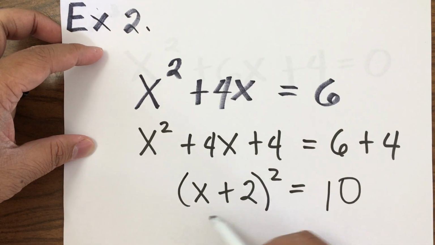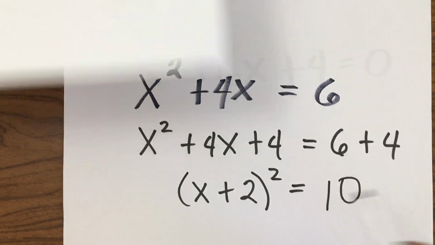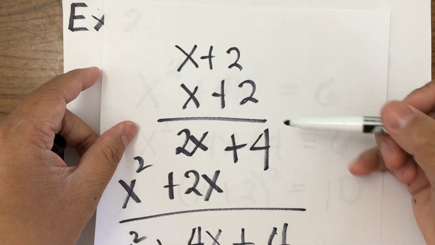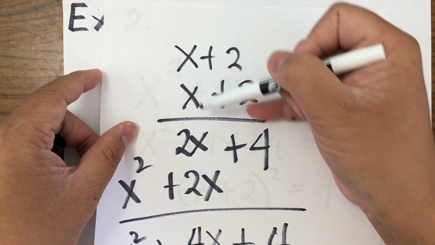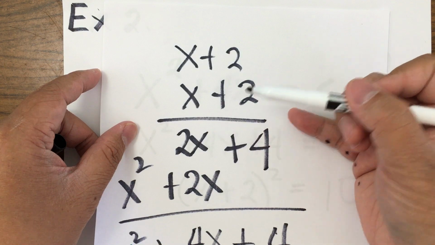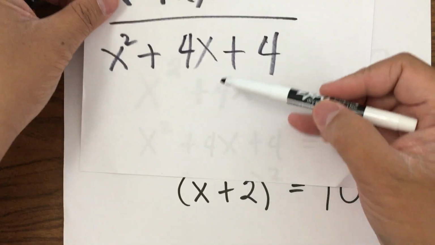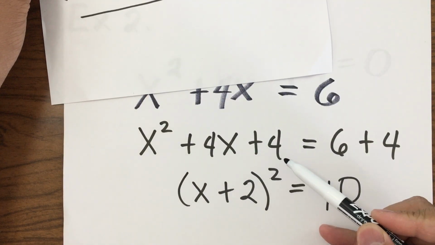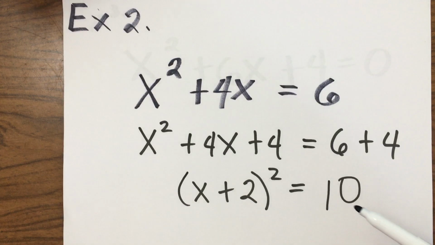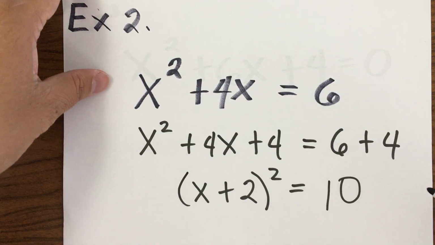To verify if this is correct, you multiply x plus 2 times x plus 2. Multiplying it out, 2 times 2 is 4, 2 times x is 2x, x times 2 is 2x, x times x is x squared. So this is similar to what we had here. So we just completed the square of this equation.